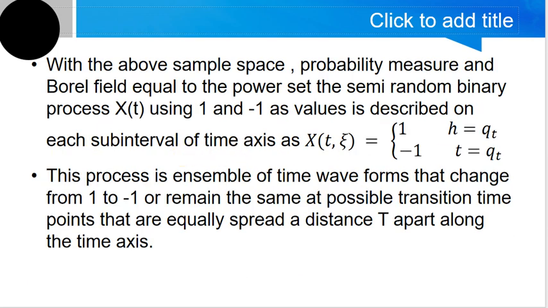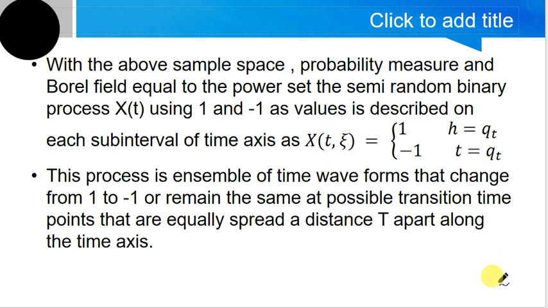With the above sample space, probability measure, and Borel field equal to the power set, the semi-random binary process x of t, using 1 and minus 1 as values, is described on each sub-interval of the time axis as follows. It is given by x of t, eta equal to 1 for H equal to q of t and minus 1 where T is equal to q of t.